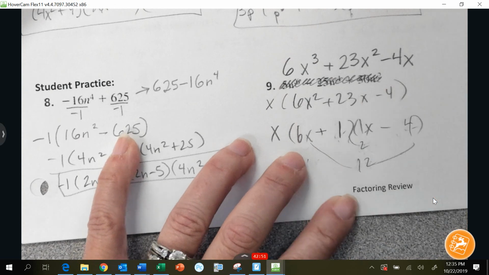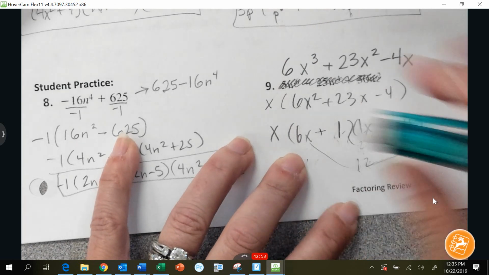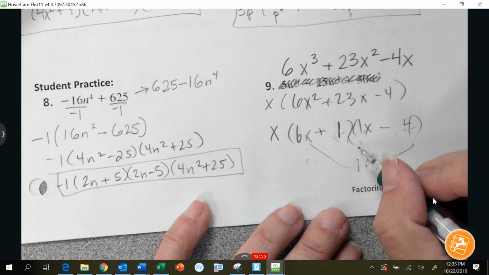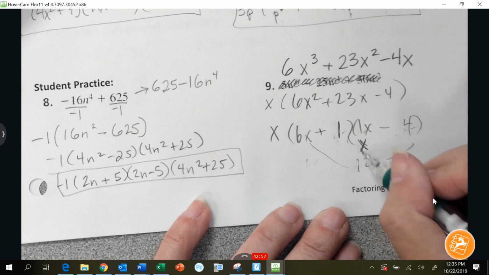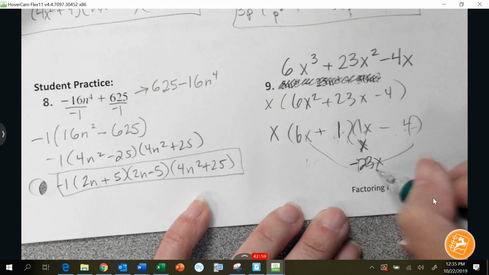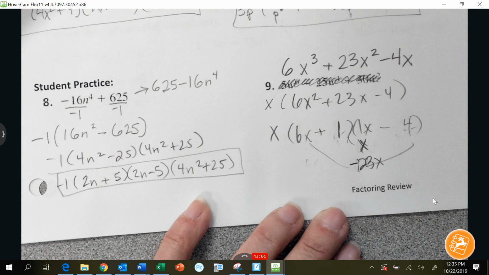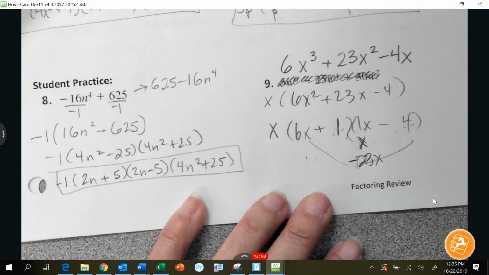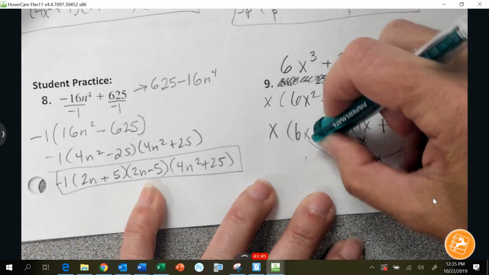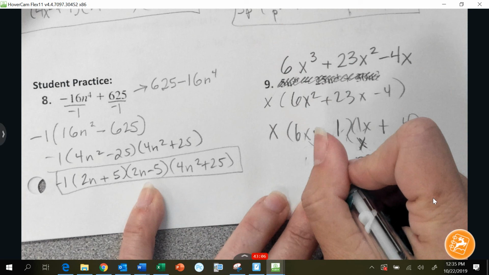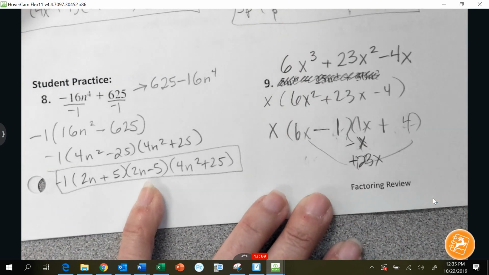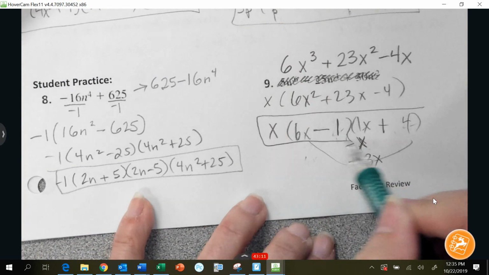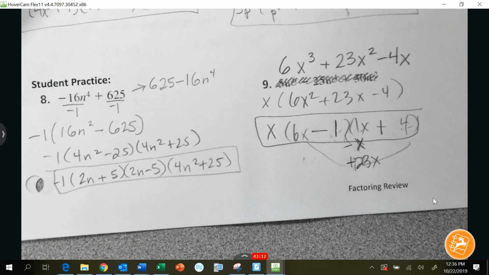And I put my 1 here. So you have to mess around with these sometimes. This is going to give me an x and this is going to give me a minus 23x. And now I realize I've done something wrong. What should I have instead? Yeah, I should have a plus here and I should have a minus here. That's going to give me a plus and a minus and that's going to work. So you are going to have to finagle some of those. That's guess and check. Okay? Your assignment is that worksheet that I handed out.